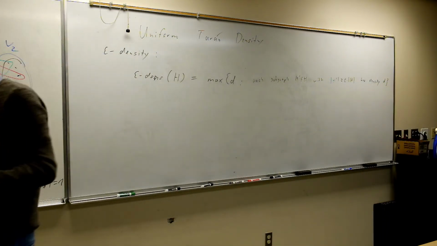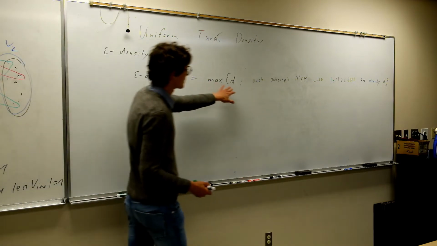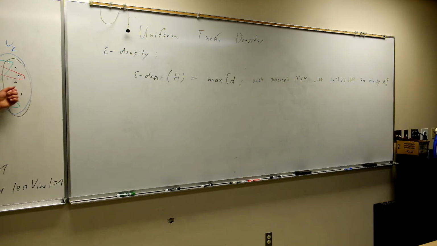So for each epsilon-linear fraction of vertices, I have a lower bound for the density. In this case, the epsilon density would be 0. I can choose some third of the vertices without any edges. For the complete graph, it's, for example, 1. By density here, I mean edge density: the number of edges divided by the number of possible edges.